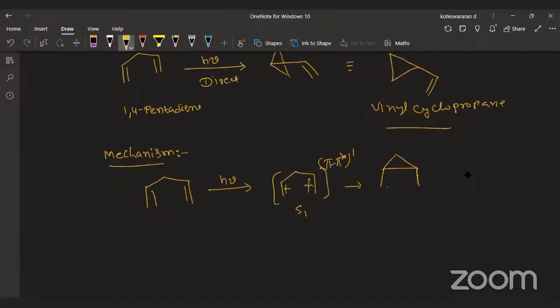That means 1, 2, 3, 4, 5: a 1,5-biradical intermediate.